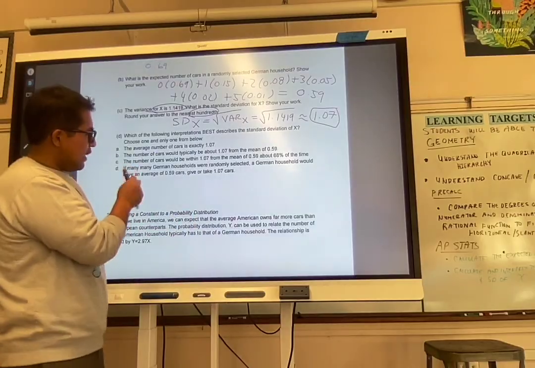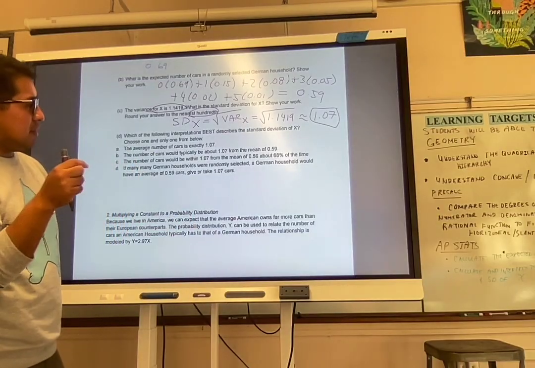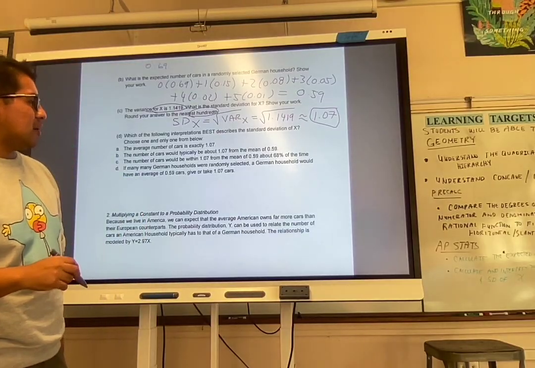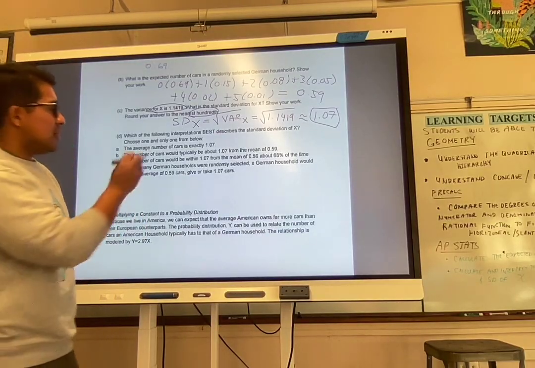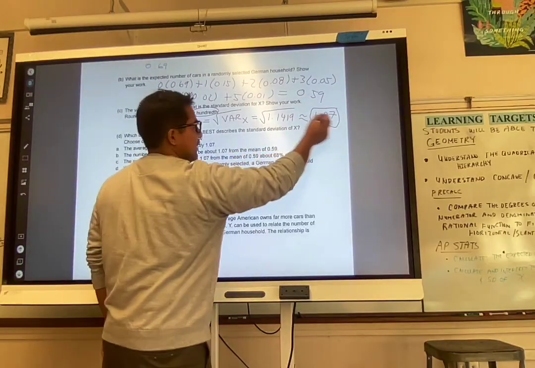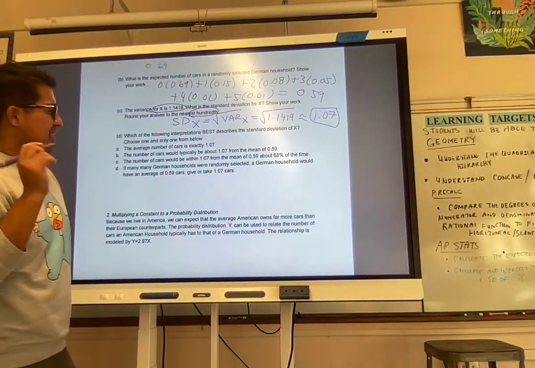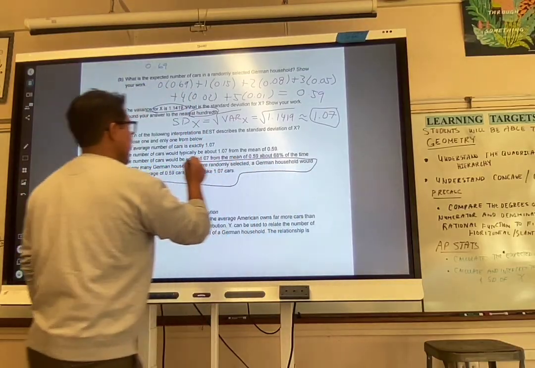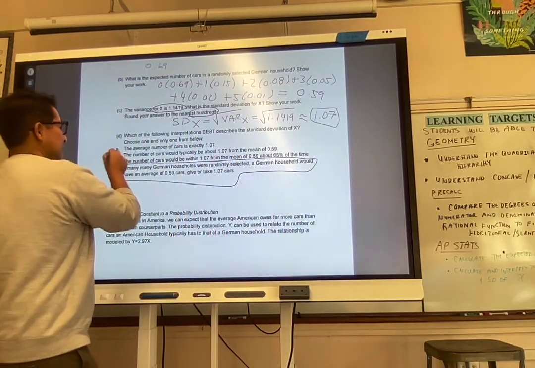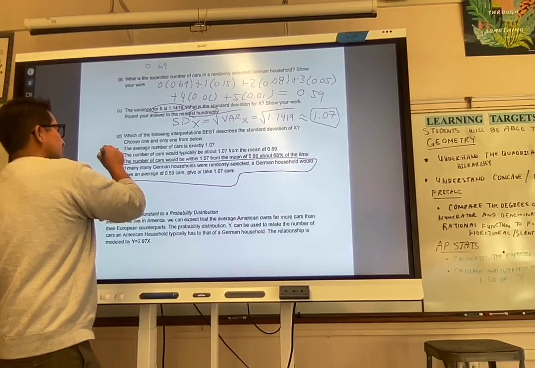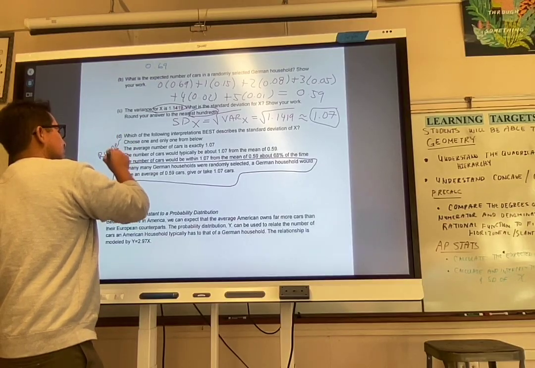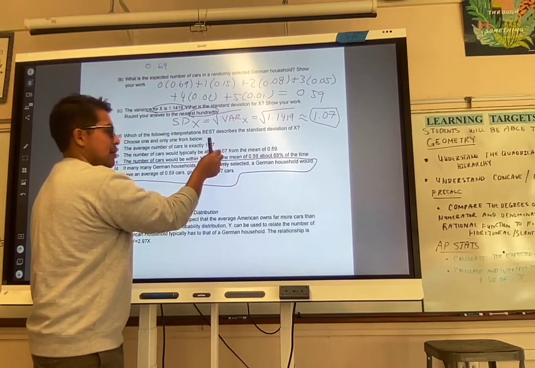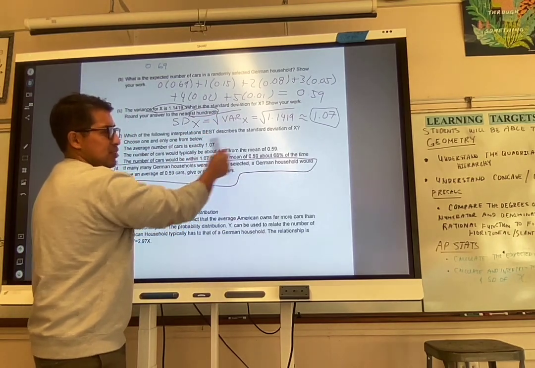And last but not least, if many German households were taken randomly, a German household would have an average of 0.59 cars, give or take 1.07. The good thing that all of these do is they bring up the 1.07, because that's the SD. But the only one that does it very well is D. A runner-up would be B, because it tells us the distance from the mean.